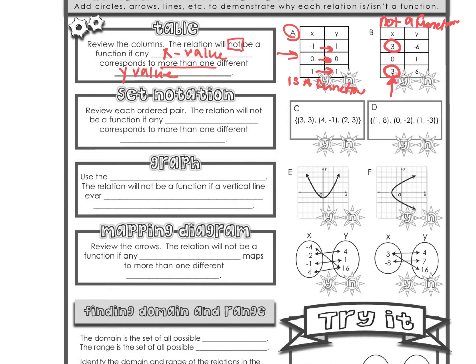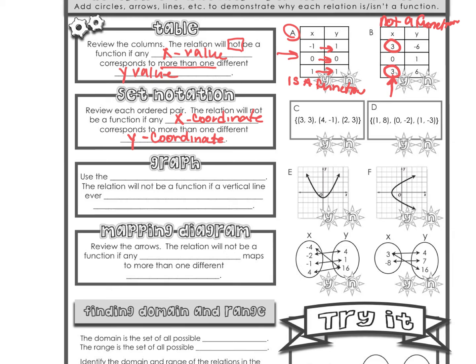Okay? When we look at set notation, review each ordered pair. The relation will not be a function if any x coordinate corresponds to more than one different y coordinate.